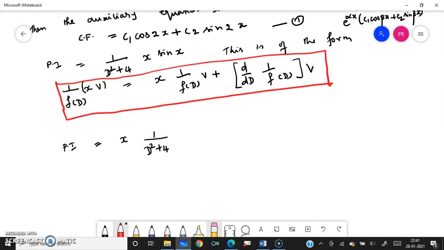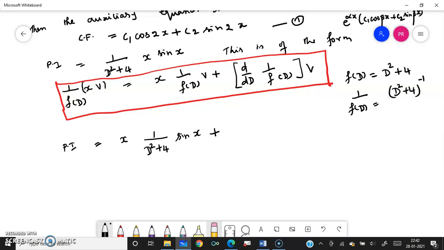Therefore, into v, v is sin x, plus differentiation of 1 by f of D. F of D is nothing but D square plus 4. 1 by f of D equal to D square plus 4 whole to the power of minus 1.